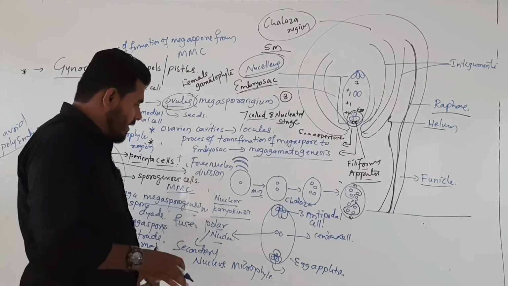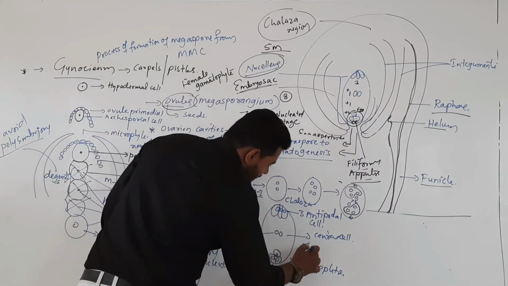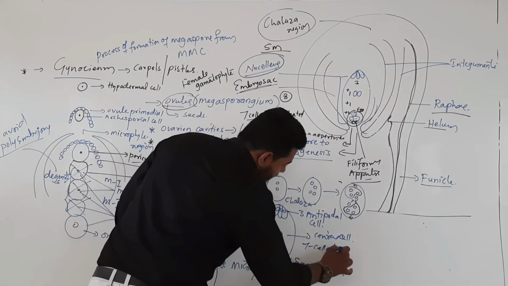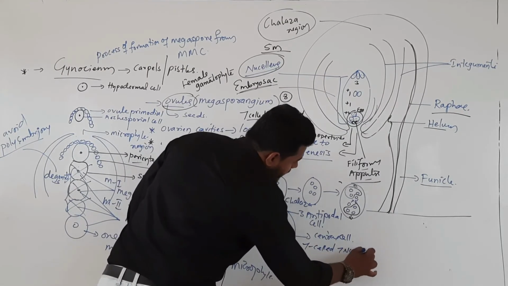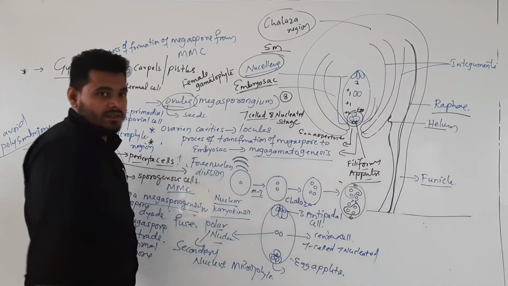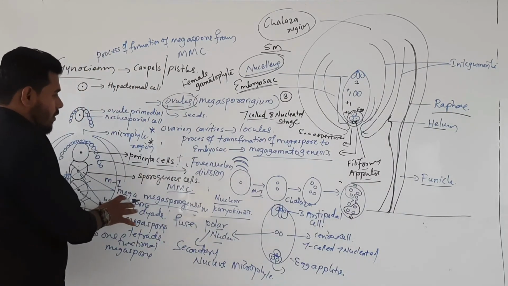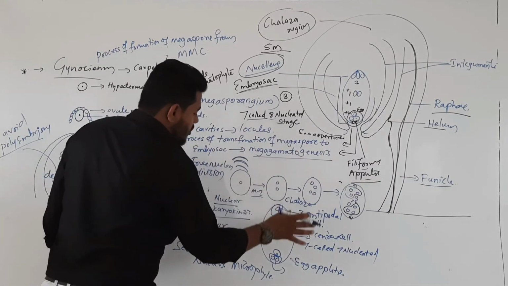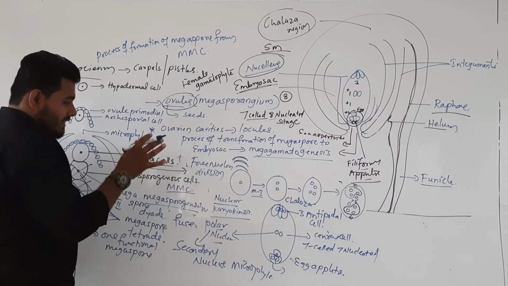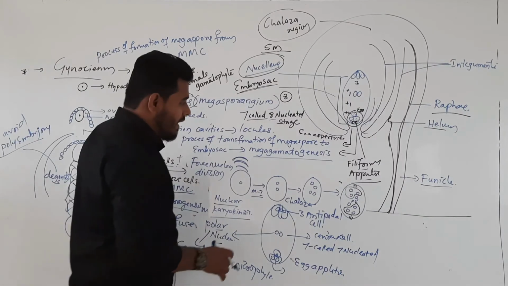At that time, this embryo sac is called the 7-celled, 8-nucleated stage. So this is about megagametogenesis.